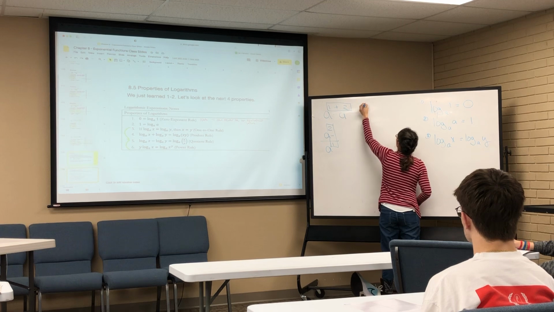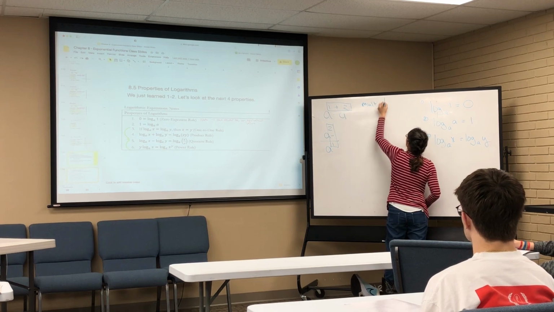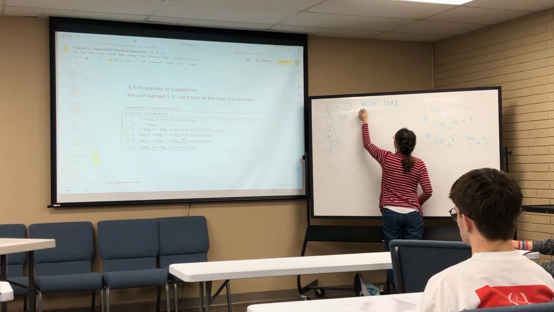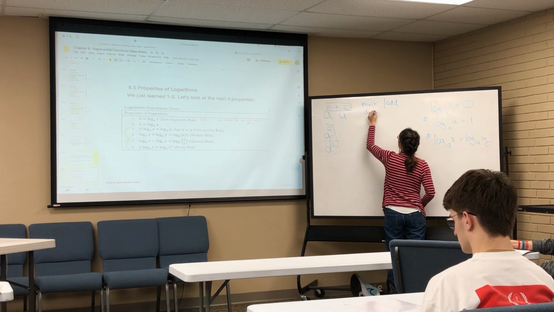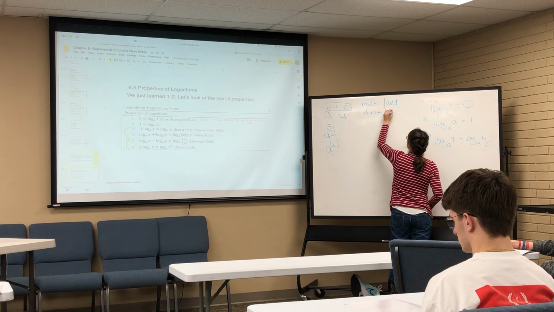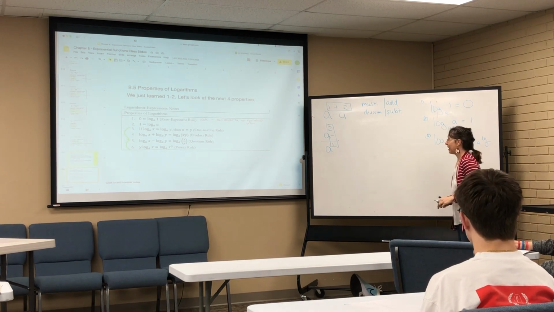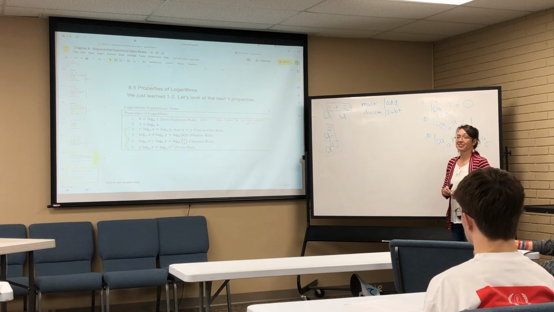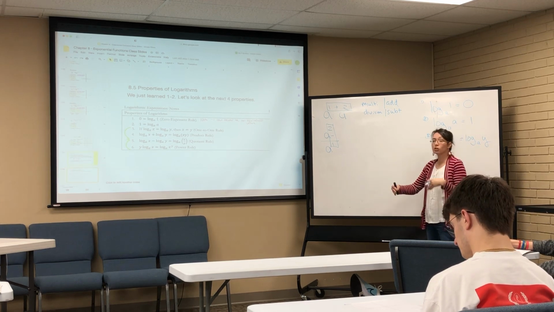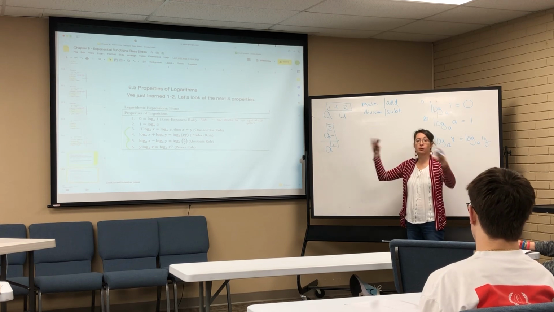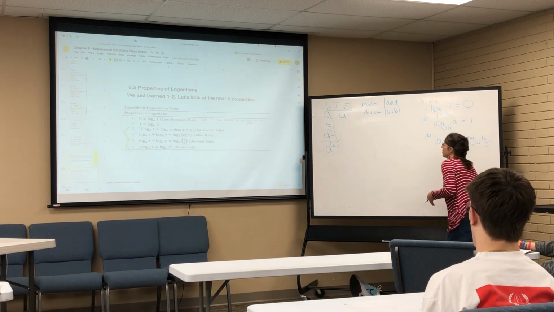So we learned that multiplication and addition were friends. They were a pair. And that division and subtraction were pairs, correct? They get to still be pairs because logs are the opposite of exponents, right? So everything that worked for an exponent is going to also work for a log.